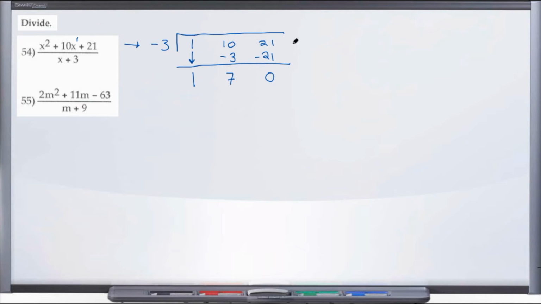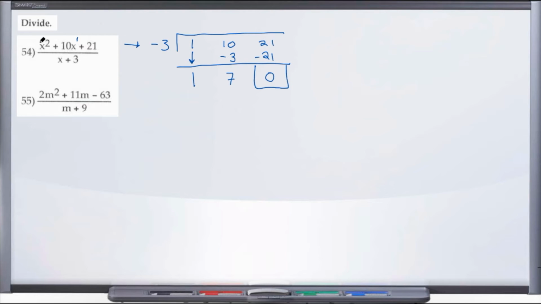And since there's nothing else here after this 21, we know that we can stop. Whatever the last number is in your string of numbers under this line becomes your remainder. So in this case, we have a nice remainder of 0. And now you're going to go back and take a look at what numbers you have. In this case, we have a 1 and we have a 7.